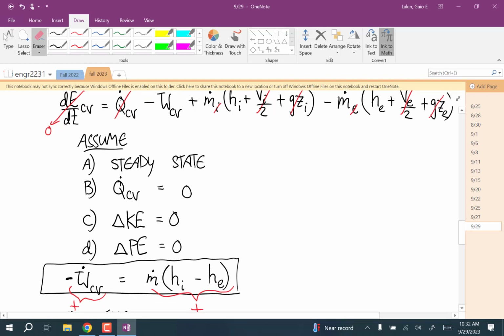Yeah, thank you. It does, because you're definitely going to have a higher enthalpy when you have the higher pressure at the exit than you do at the inlet. So this should be HE minus HI. Yep.